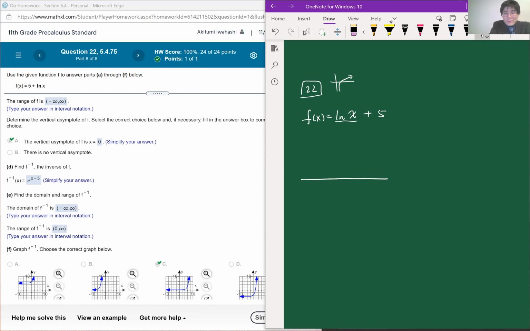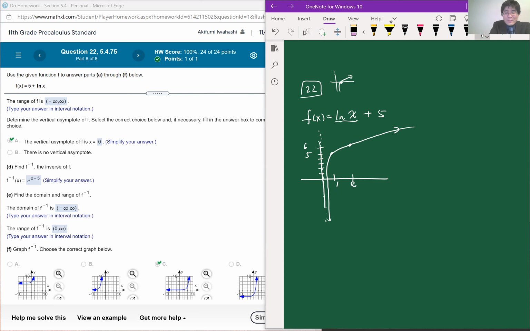Usually in the regular standard form, it has an x-intercept at 1, but because it's moved up by 5 units, it's going to go through (1, 5). Okay, and at e, ln of e is equal to 1, so at e, it's going to be 6. The vertical asymptote doesn't change its position. So the graph looks something like this.